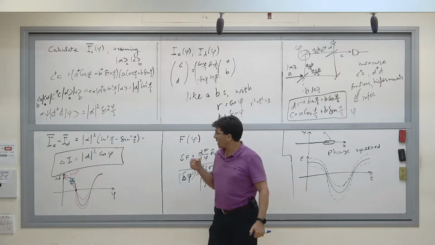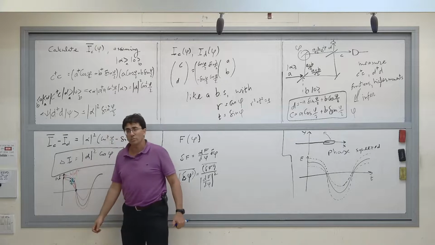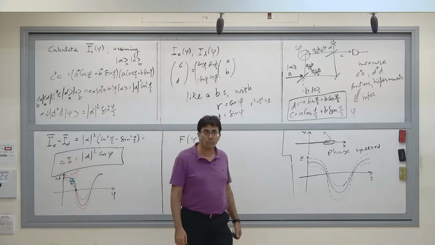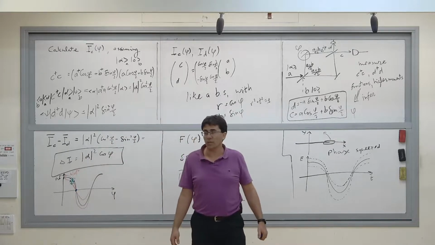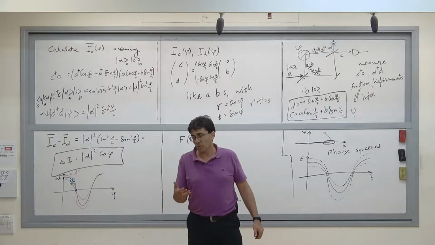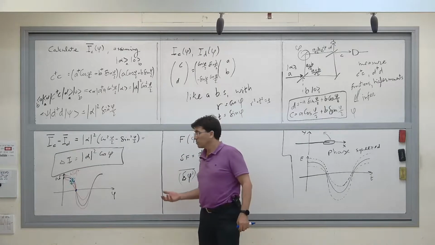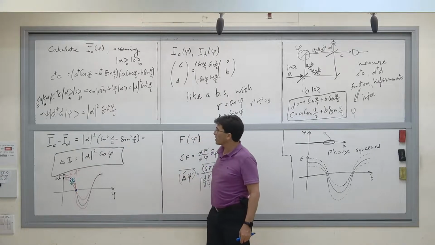So if we think about measuring around a phase of pi over 2, we expect zero sensitivity to noise, meaning maximum sensitivity. You will be sensitive to anything.